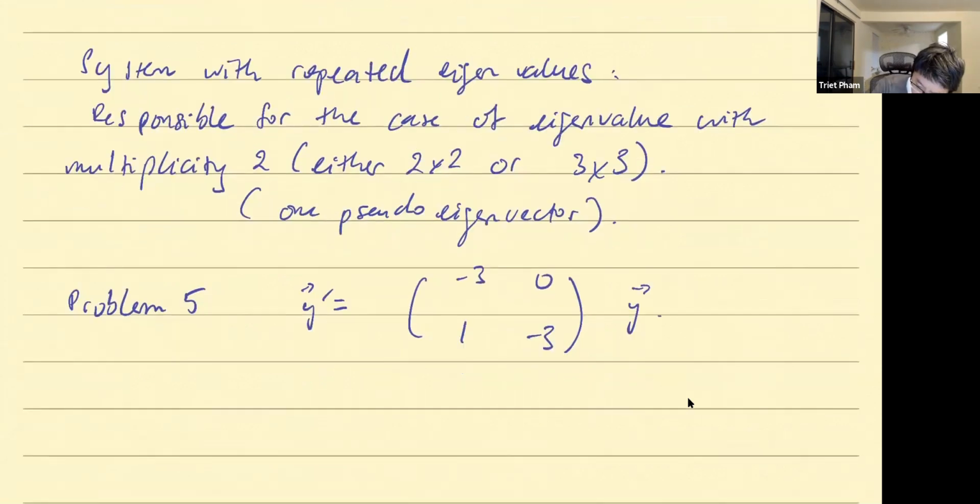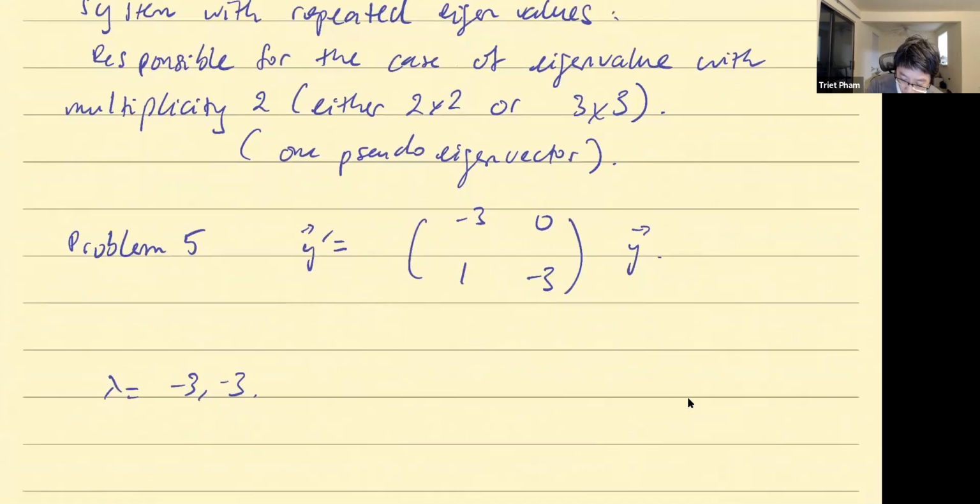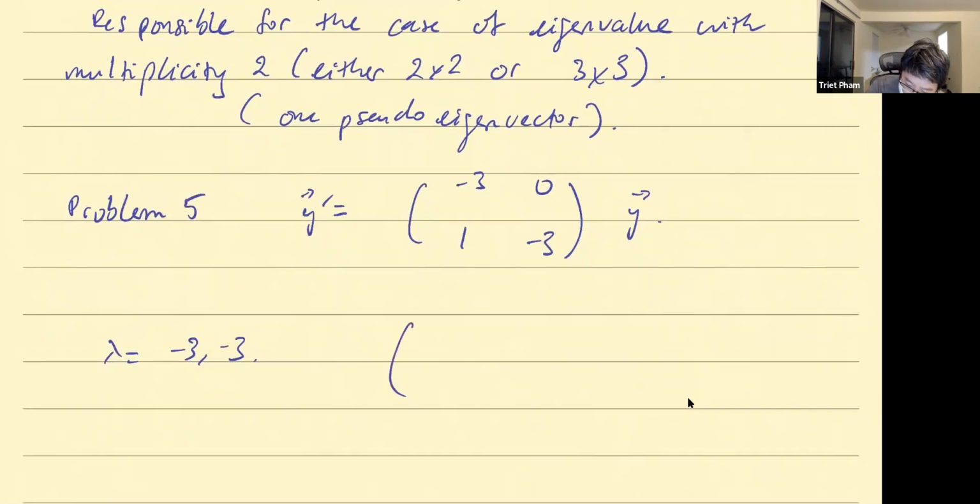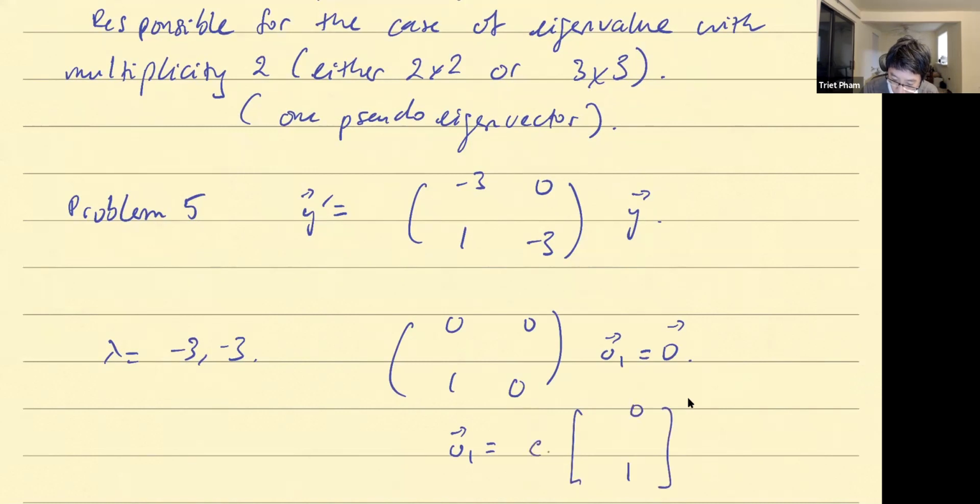First, it's pretty clear that the eigenvalue is minus 3, repeating. If you plug in minus 3, you get the matrix 0, 0, 1, 0. If you solve for the first eigenvector from this system, it's clear there's only one eigenvector here, which is 0, 1, with a free constant in front of it.